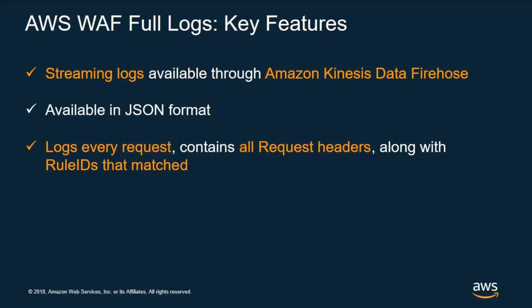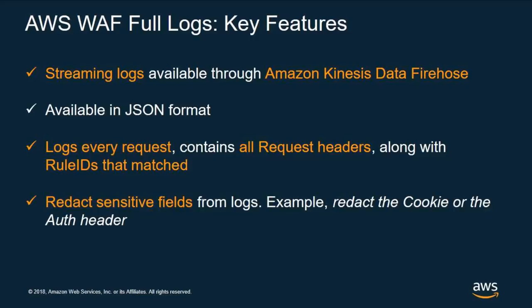And as I mentioned earlier, you have logs for every request inspected by AWS WAF, along with all the details like the request headers or the cookies and IP addresses and so on. And along with that, you of course have the rule IDs of all the rules that match that particular request.